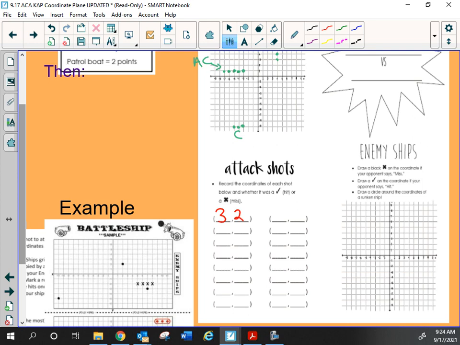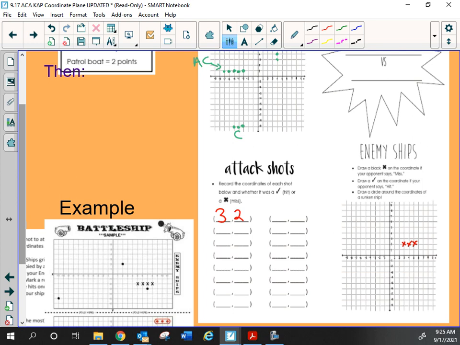She looks at her board and says, oh, that was a hit, and I think, ooh, I know where one of her ships is. I mark that it was a hit. Does that make sense? Y'all take turns taking aim at your partners.